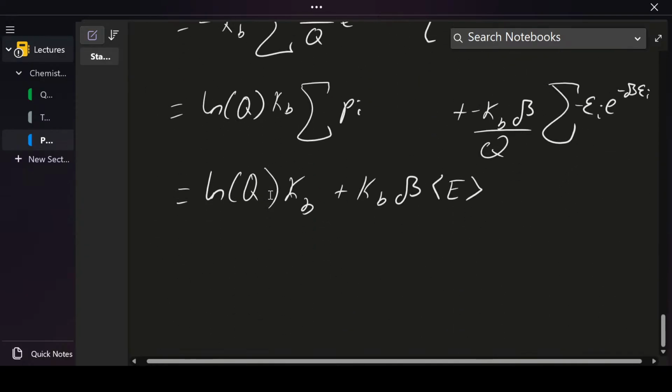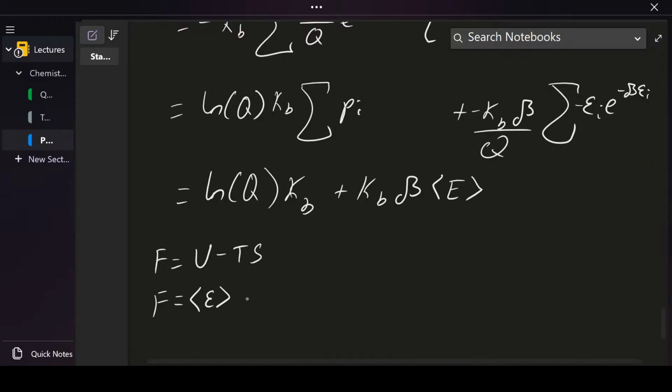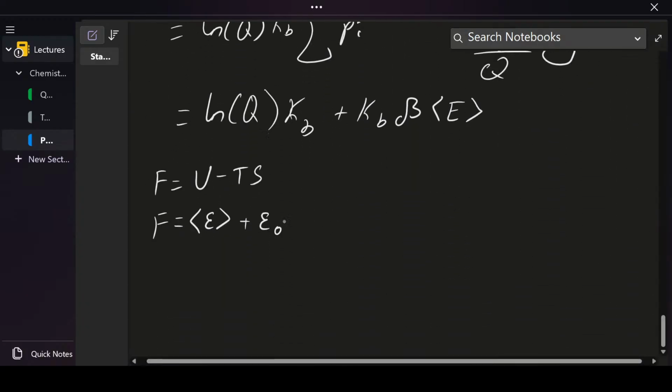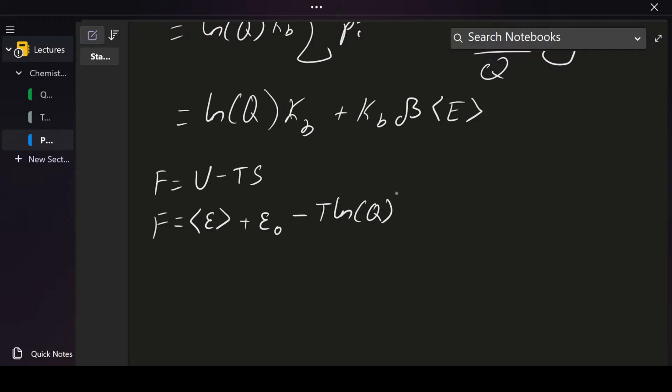So now if we combine these, again we said F is equal to U minus TS, and so F is going to be equal to the expected energy. Oh, sorry, did I put a plus there or a minus? Yes, good. That's epsilon naught, and then I'm going to subtract T times this, so T ln Q multiplied by k_B plus k_B T beta.